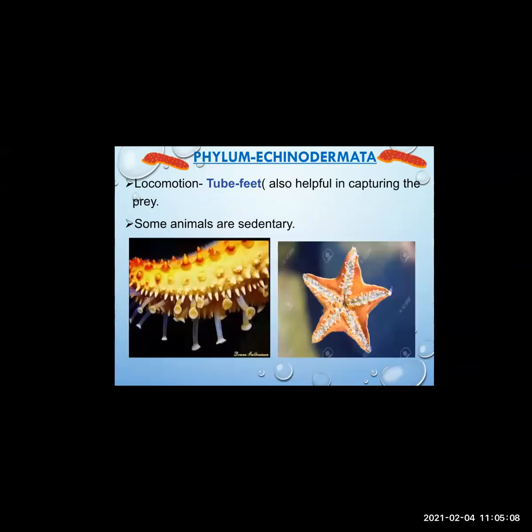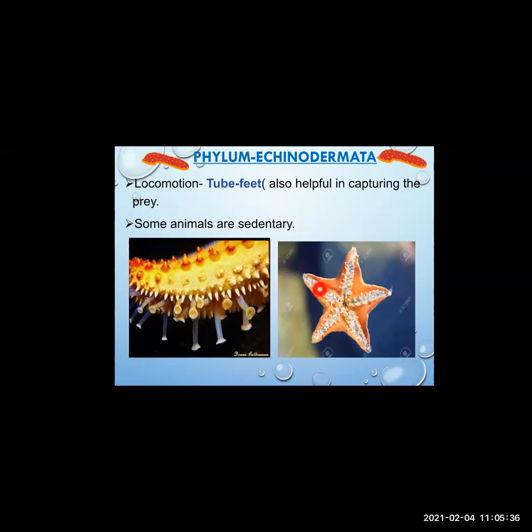Next, locomotion. Now, how is the locomotion in this phylum Echinodermata? The animals of this phylum perform locomotion with the help of tube feet. Now tube feet, see in the picture, you can see how it looks.